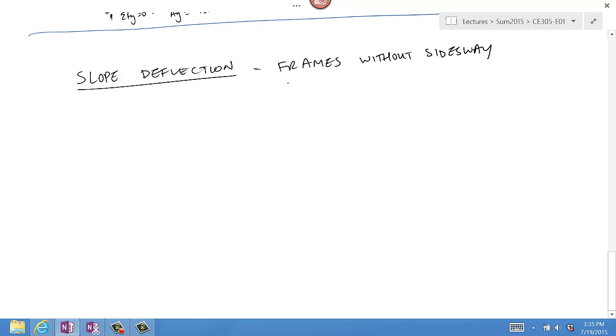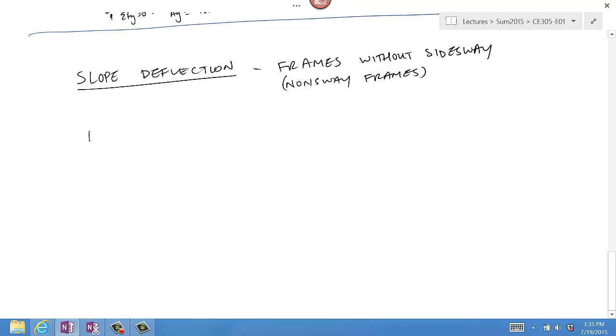These frames are also called non-sway frames. So for frames, we break up the discussion into two parts. One part is related to non-sway frames, and the other part relates to sway frames. So the analysis is broken up into these two types of frames.